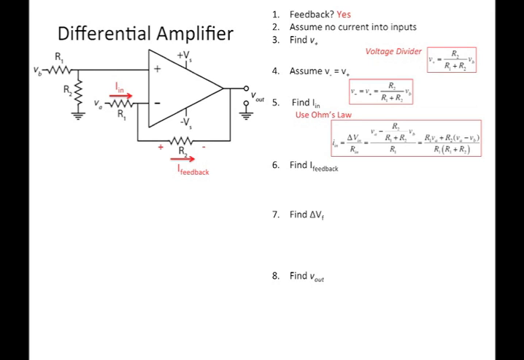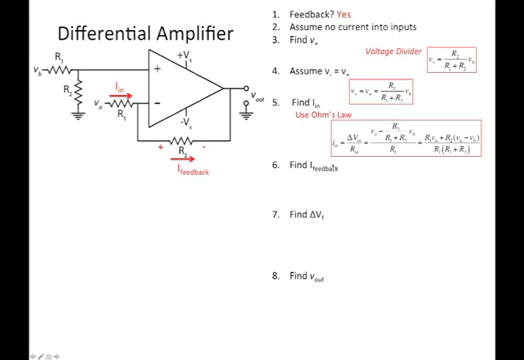So that's just delta Vn over Rn, but delta Vn is just VA on the left side, and then on the right side is going to be what we calculated before, because V minus is equal to V plus from the voltage divider. So we get this complicated mess that we can write this way. Okay, fine. It's a complicated mess.